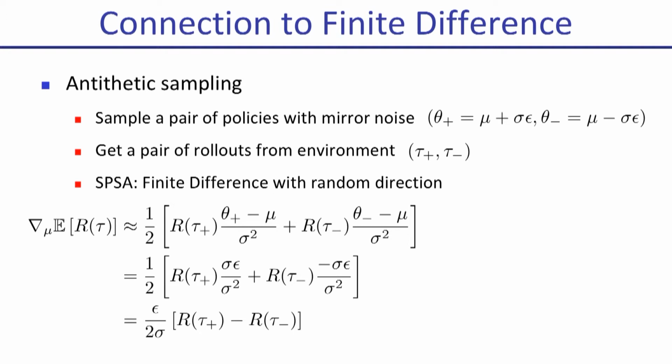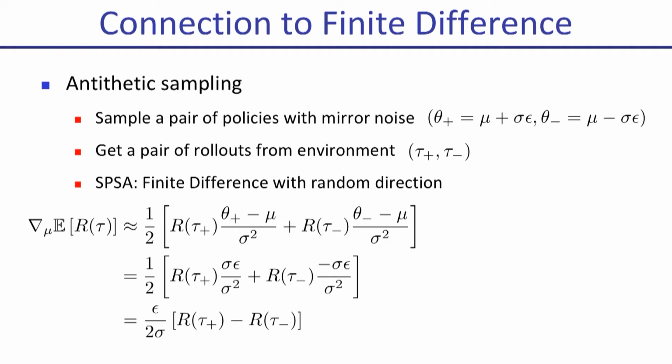So basically, we are just plugging into the policy gradient equation from the last slide. And if you do a little bit of algebraic manipulation, you end up with the following form. You look at the return that you get if you take a positive step, minus the return that you get from a negative step, divided by 2 sigma.